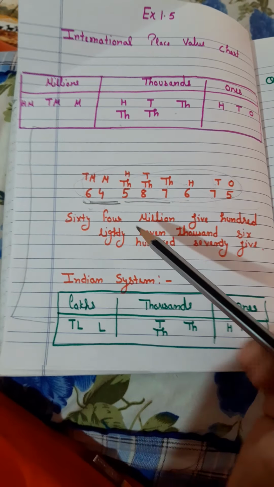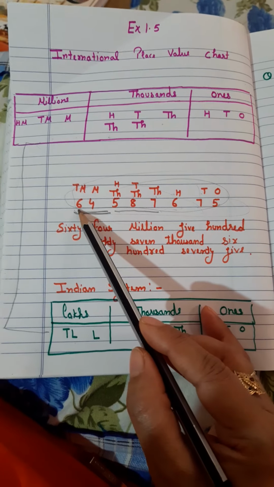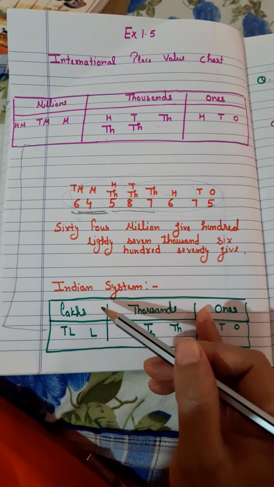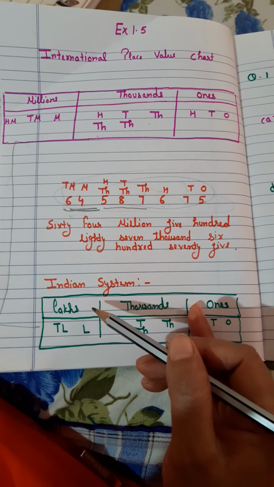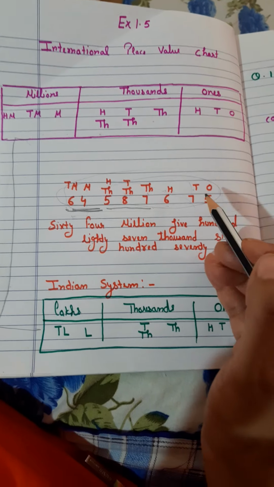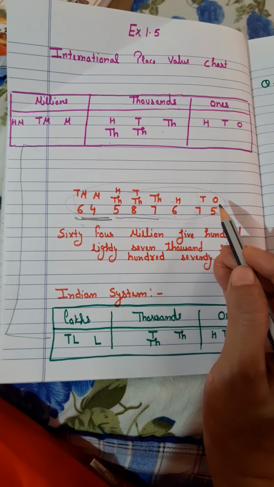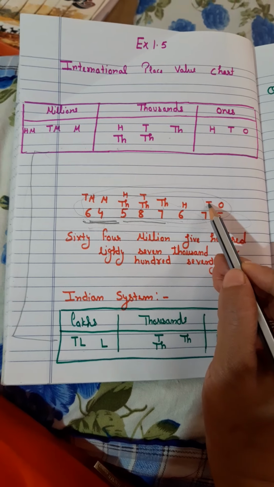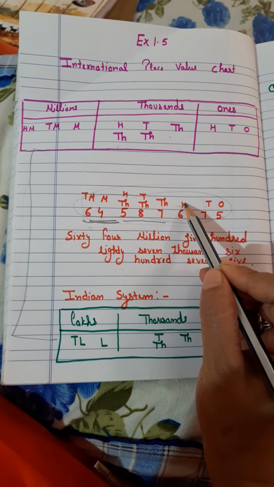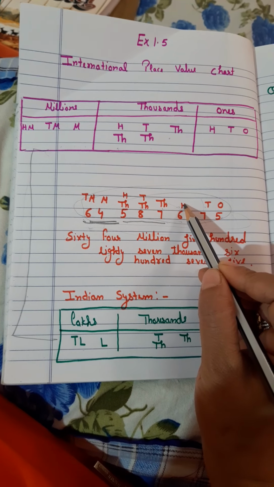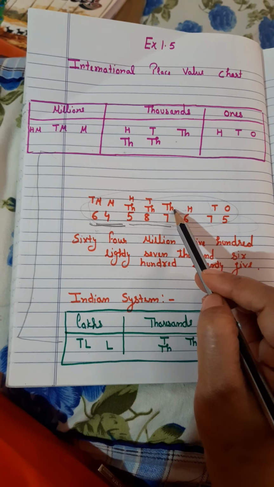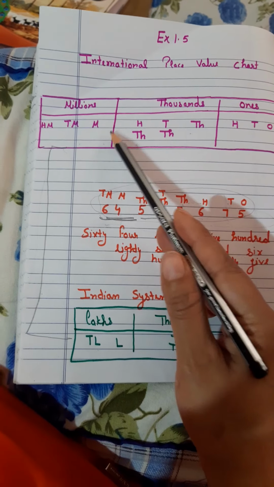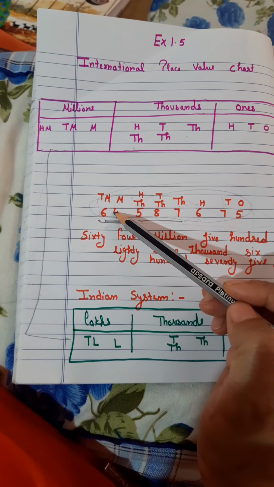Now take an example. Let the number be 64587675. We have to write this number as per the international system of numeration. So we arrange the places as per the international place value chart: ones, tens, hundreds, then thousands, then 10,000s, then 100,000s, then millions and then 10 millions.